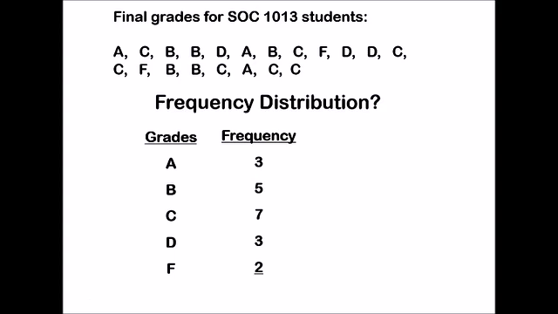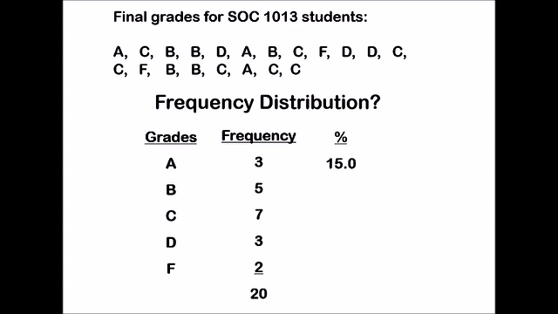Now, really to be complete, since we have 20 grades here, it is best to get some idea of the proportion of each grade, right? The percentage of each grade. And so we would also, in a frequency distribution, commonly calculate the percentage of each grade. So we divide, of course, the frequency for a particular grade by the total N, or the total sample, in this case 20.